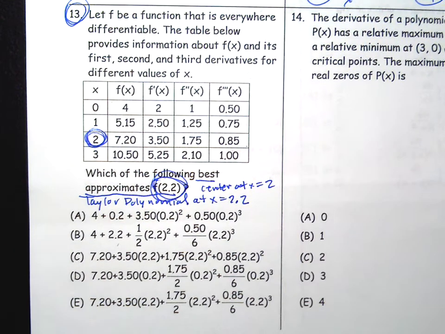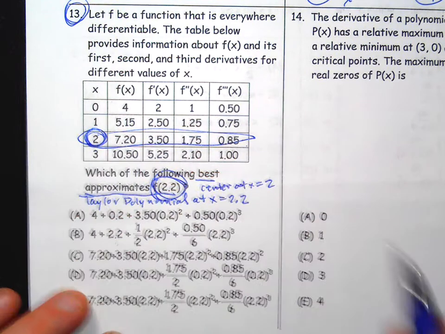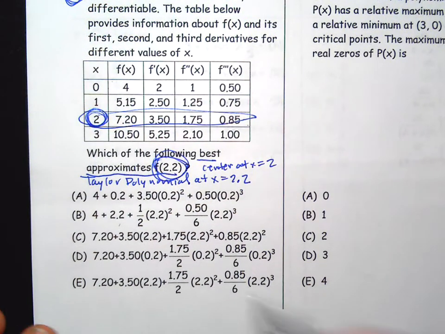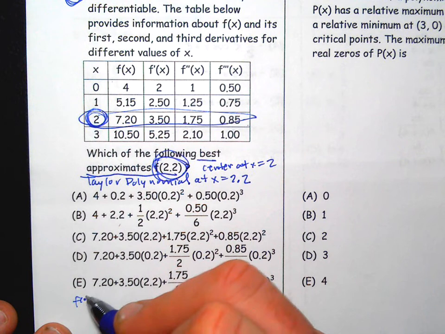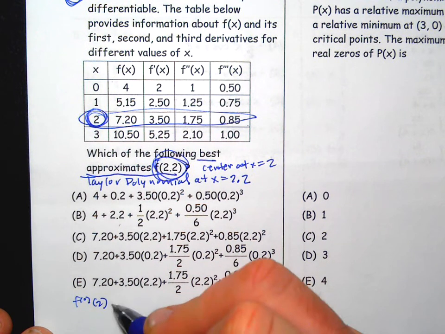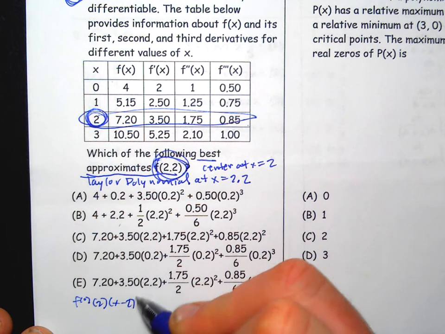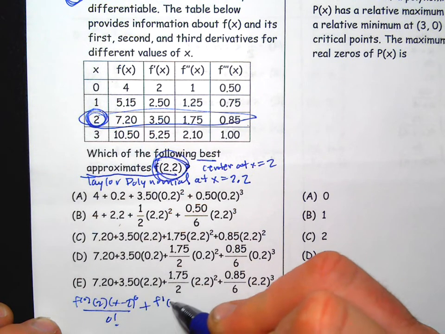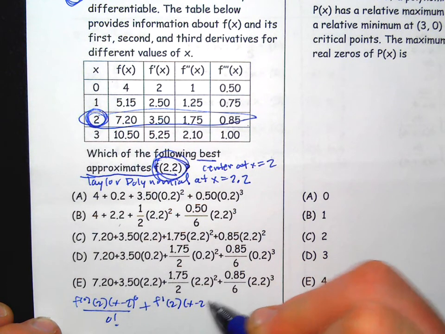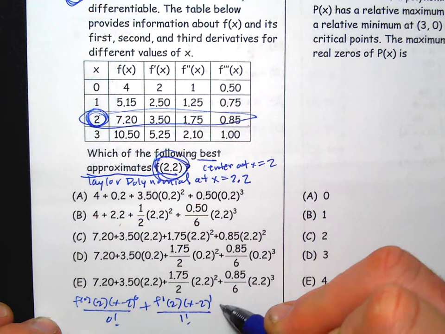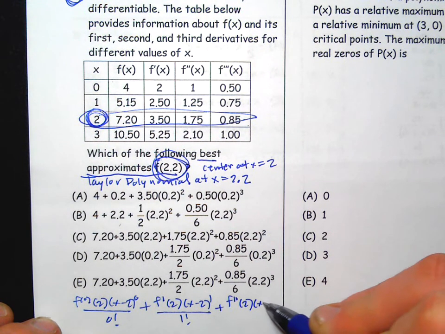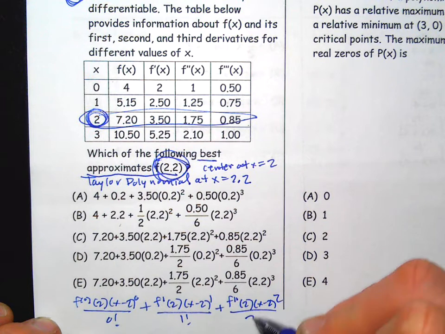The other ones can maybe do a good job, but I think this is the one that we're going to want to use. Now, the Taylor polynomial should have f at the center, x minus the center to the 0th power over 0 factorial, plus f prime at 2, x minus 2 to the first power over 1 factorial, plus f second derivative at 2, x minus 2 to the second power over 2 factorial, and so forth.